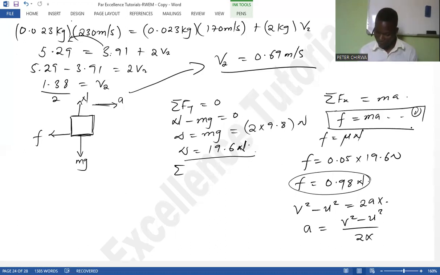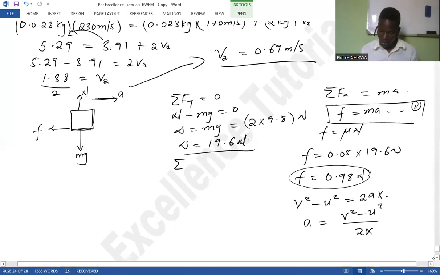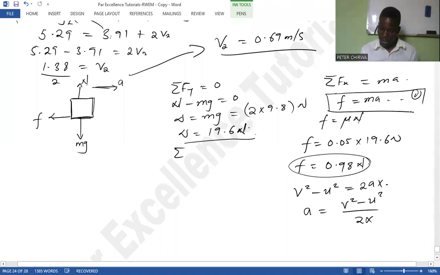I'm really sorry. All right, so we substitute the acceleration equation in this one. We are going to have the friction force, which is 0.98 Newton, equal to mass times v squared minus u squared over 2x.